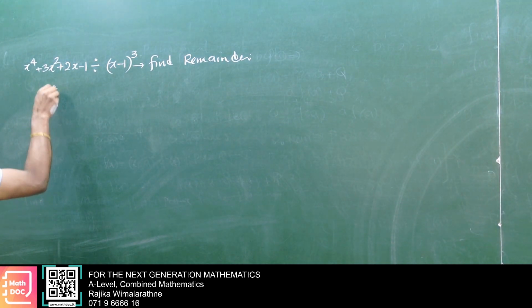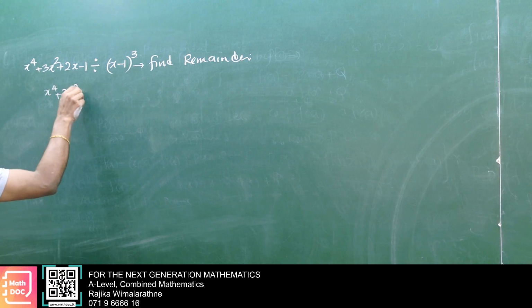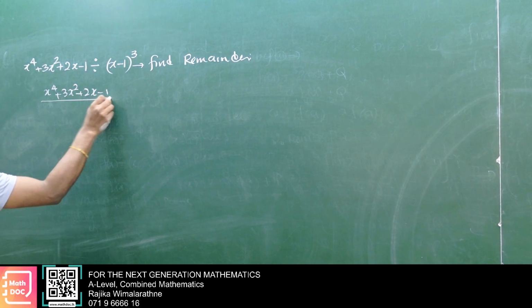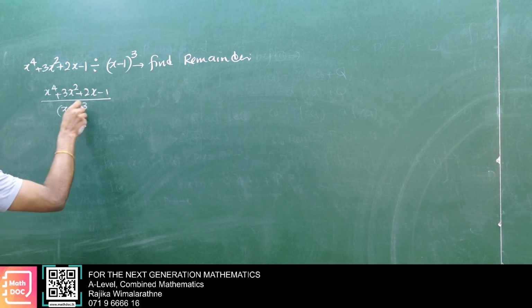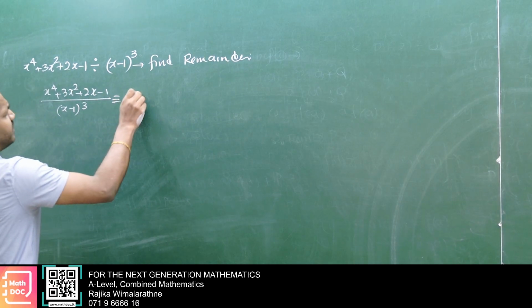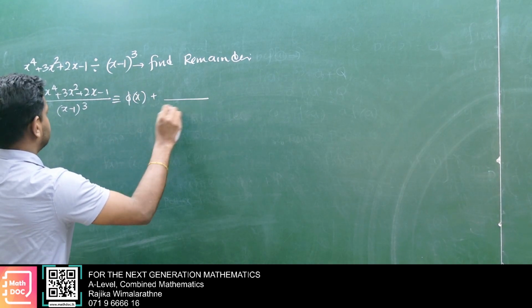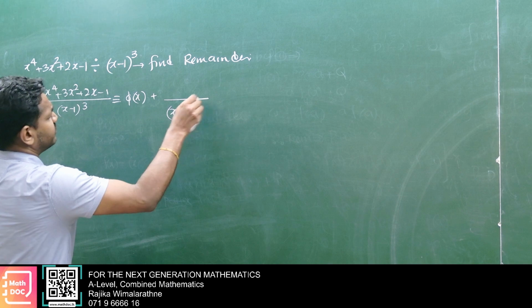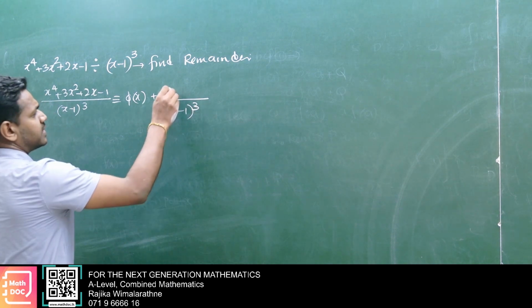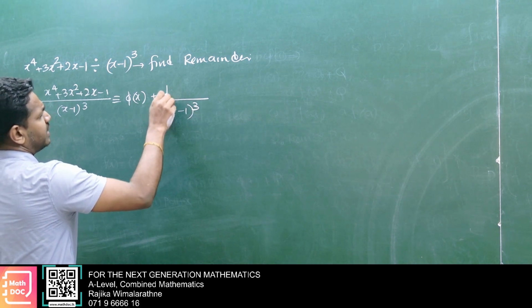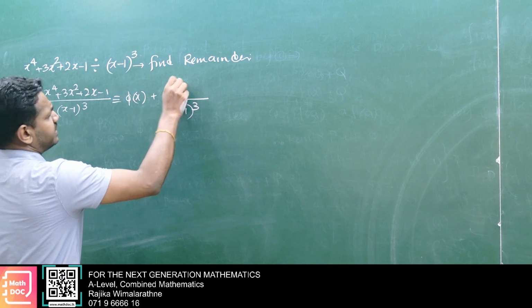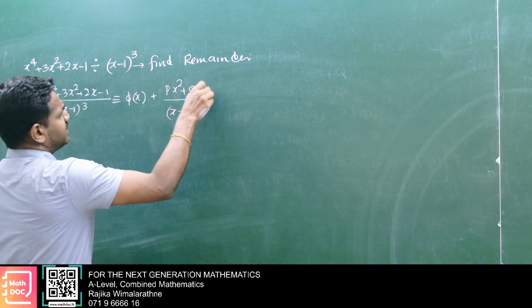Here we divide x to the power 4 plus 3x squared plus 2x minus 1 by (x minus 1) cubed. Write it as a quotient times (x minus 1) cubed plus a remainder. Here the remainder will be quadratic now, so you can write px squared plus qx plus r.